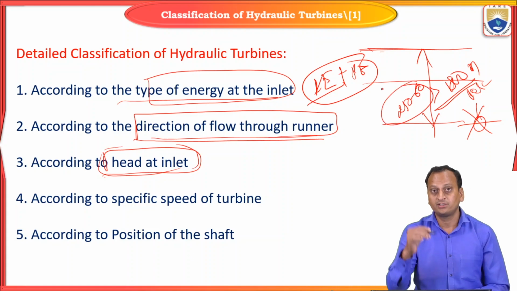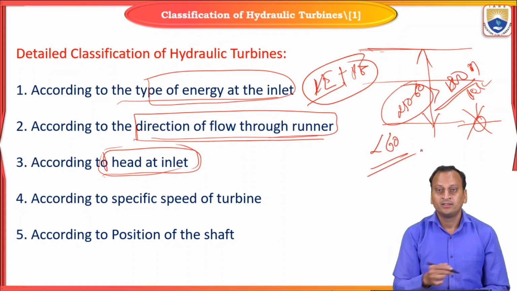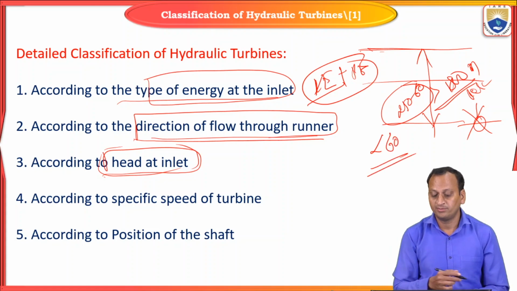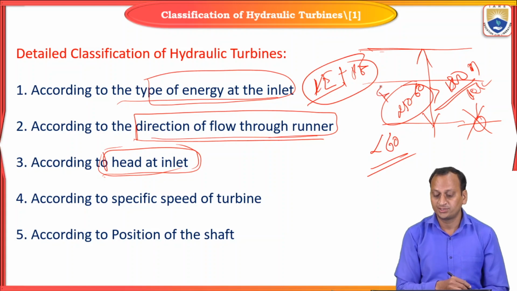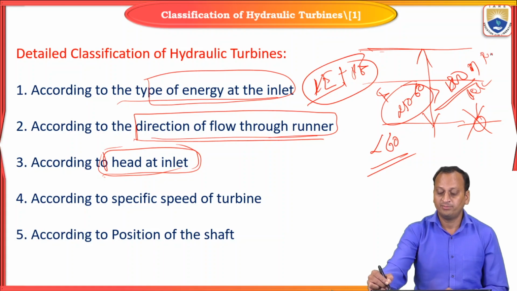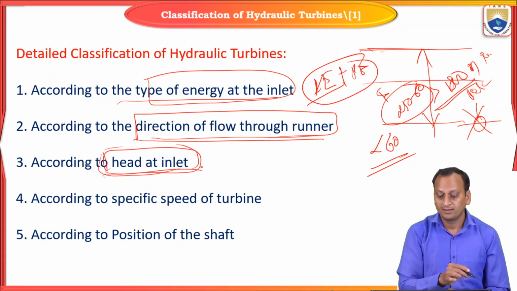And less than 60 meters is the Kaplan turbine, the axial flow turbine. This is a Francis turbine, otherwise the mixed flow turbine. This is a tangential flow turbine, and the Pelton wheel is the example. So, that is based on the available head at the inlet of a turbine.